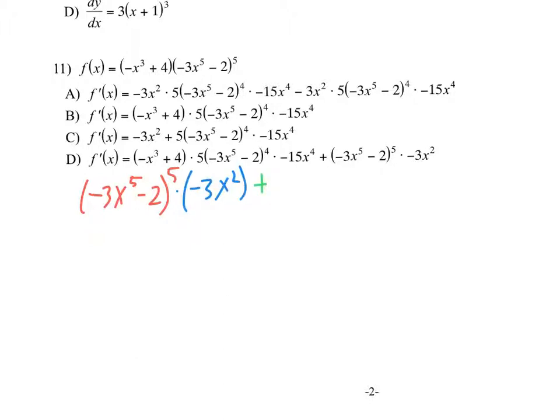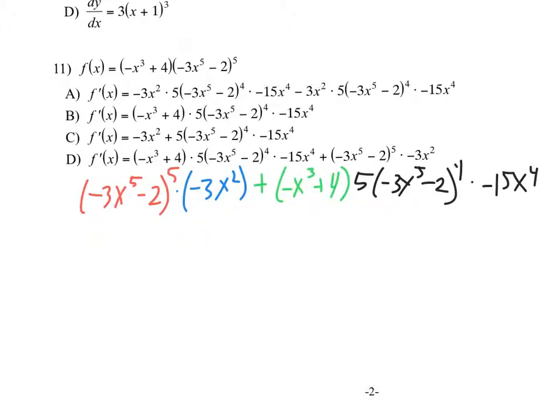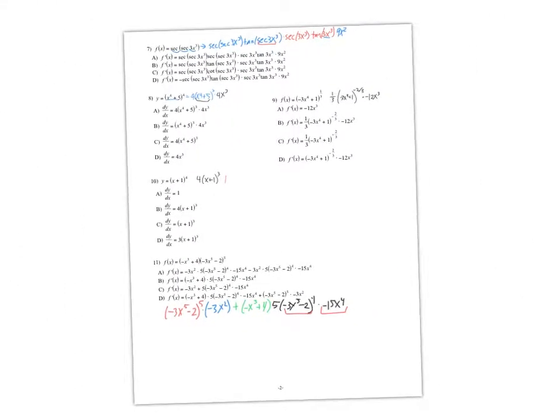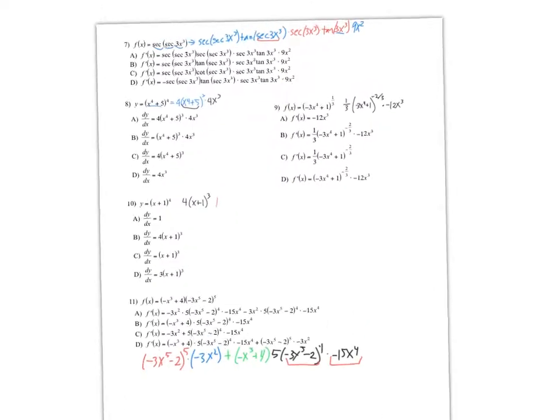And then we're going to have plus the first, negative x cubed plus 4, and that's times the derivative of the second, which is going to be 5, negative 3x to the fifth minus 2 to the fourth times the derivative of the inside, which is going to be minus 15x to the fourth. All right, that's everything on page 2.